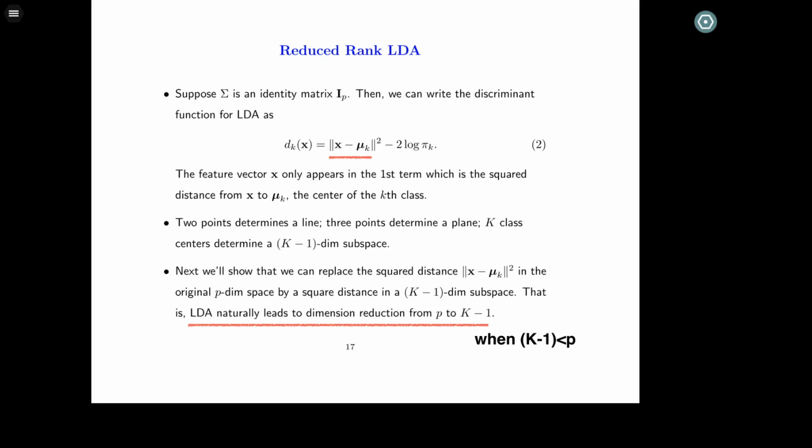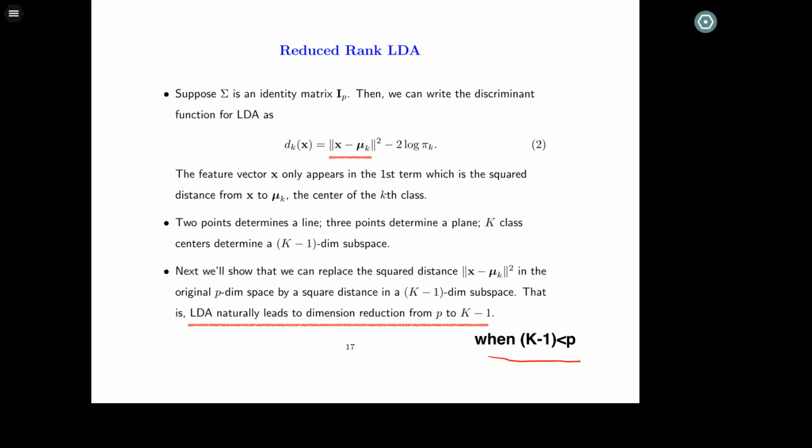Previously, we also talked about the reduced rank LDA. Here, all of our discussion is based on the assumption that our p is really large, bigger than K minus 1, where K is the number of classes. So we can consider this simple case. Suppose our sigma is the identity. Then you can go back and look at the discriminant function, or decision function, d sub k.